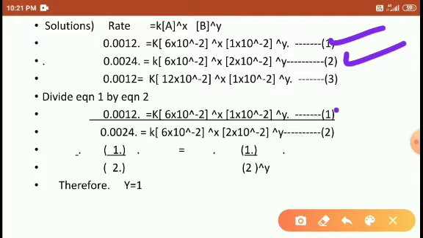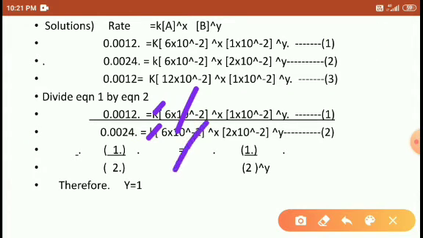While calculating the order, we have to keep one of the values constant. Here we keep the concentration of A constant, so K and the concentration of A get cancelled. Then the rate 0.0012 divided by 0.0024 gives 1 by 2, which is equal to 1 by 2 to the power y.